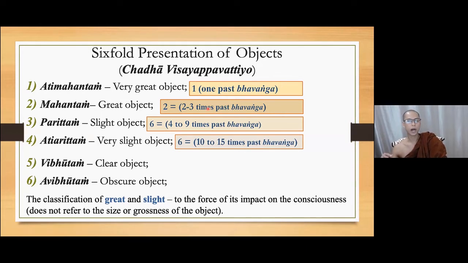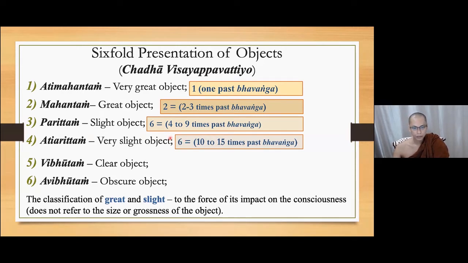Now we just need to identify the object by the mind movement of the Bhavanga, past Bhavanga. And also we can say the mind movement of the cognitive process. Because the past Bhavanga is longer, the cognition process is shortened.